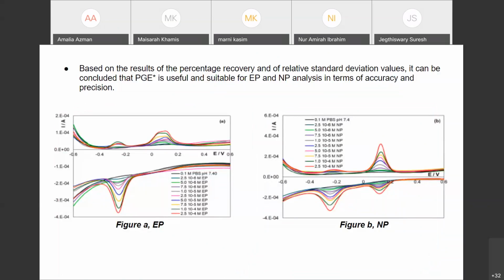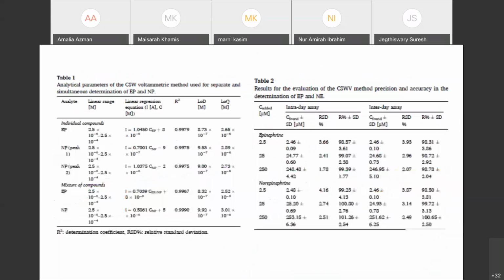So these are the figures A and B. So next. So this is table 1 as what Maisara mentioned before, and this is table 2 for the determination of EP and NE, the accuracy and the precision. Next.